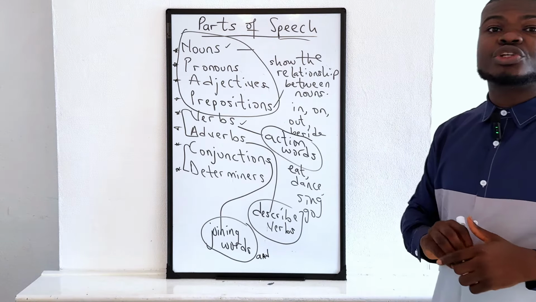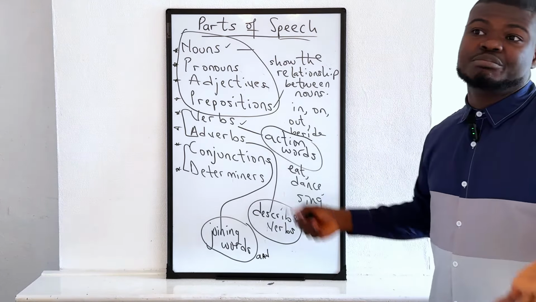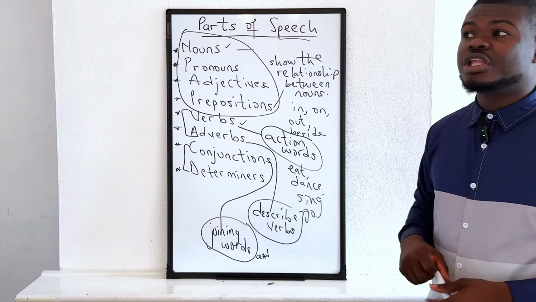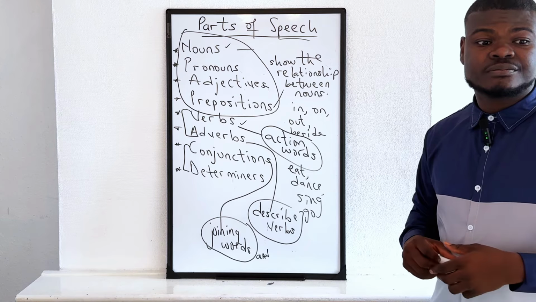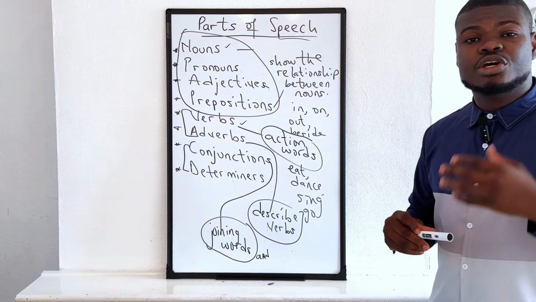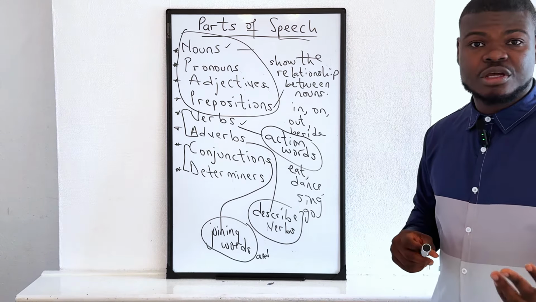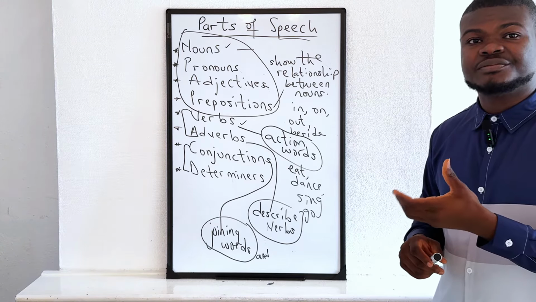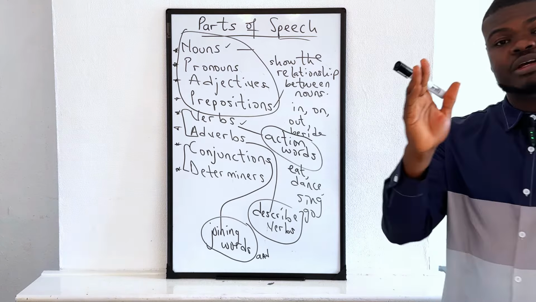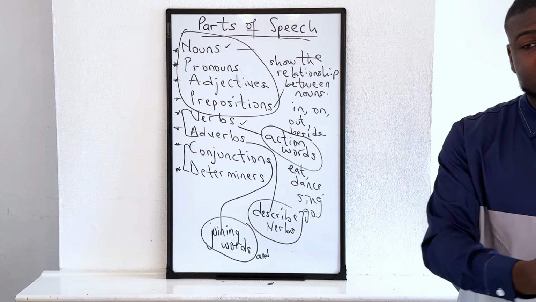Sometimes conjunctions could go beyond just joining nouns, words. They could also join phrases and clauses. I was hungry, but couldn't find anything to eat. I was hungry, a simple sentence.